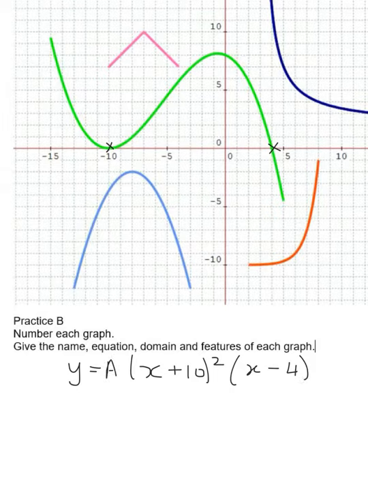Again, you need to find the a value. I would find a good point, maybe the point 3, 3. You could put x is 3 and y is 3 and find an a value. The other thing with the cubic is our domain from -15 to 5 as the x values.